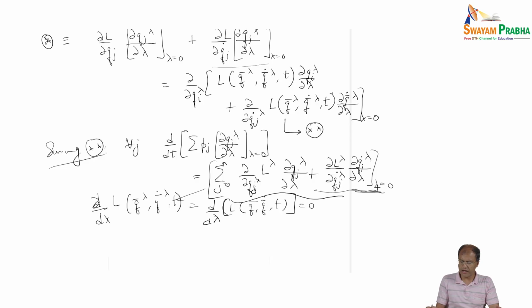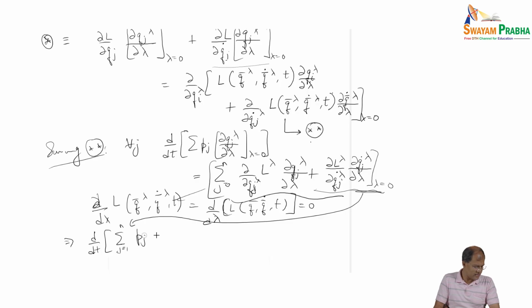Hence the right hand side is 0. I think we are almost done here. The right hand side of double star is 0, but the left hand side is related to the generalized momenta. So we can derive that d/dt of the summation j from 1 to n of p_j partial q_j(lambda) by partial lambda, at lambda equal to 0, is given by 0 because of the right hand side. And I think we are all done here.